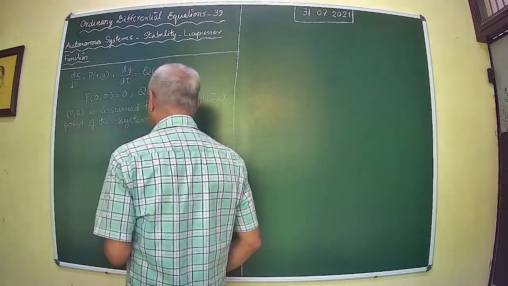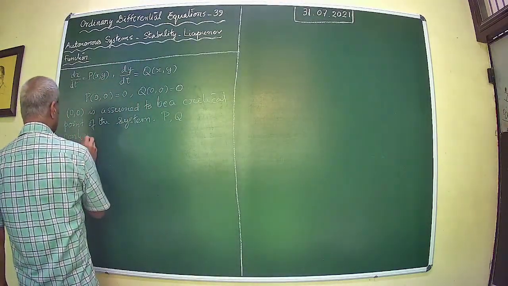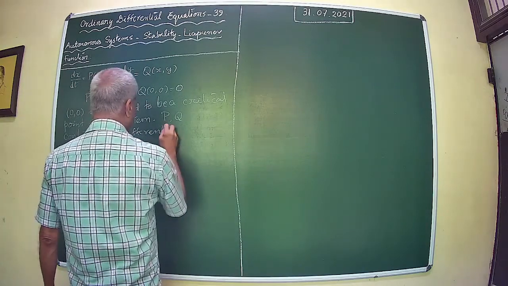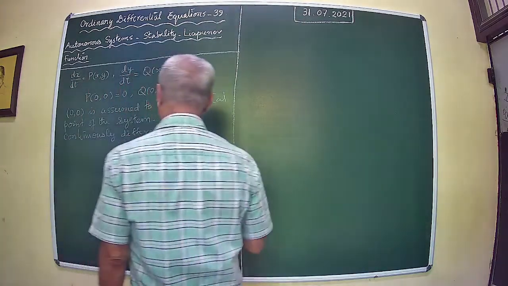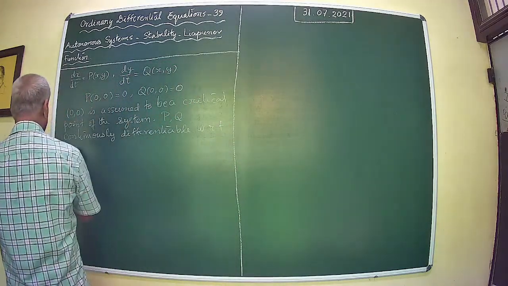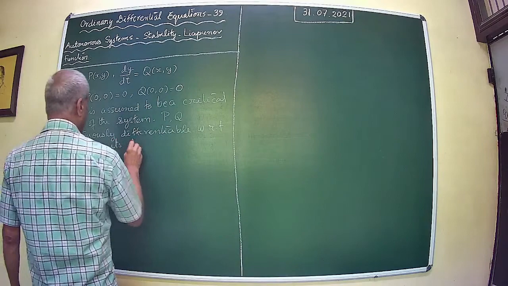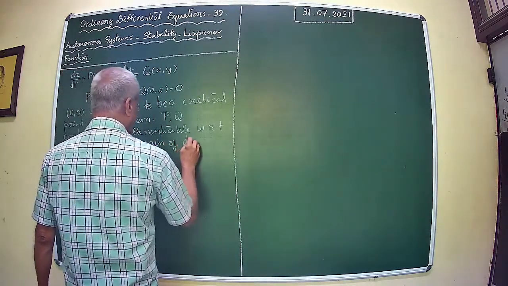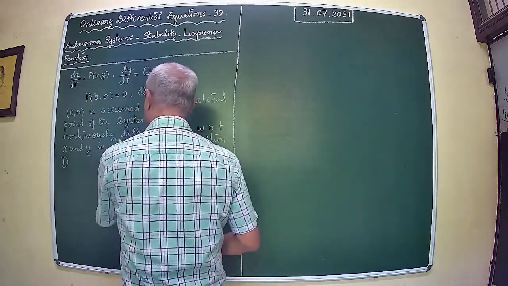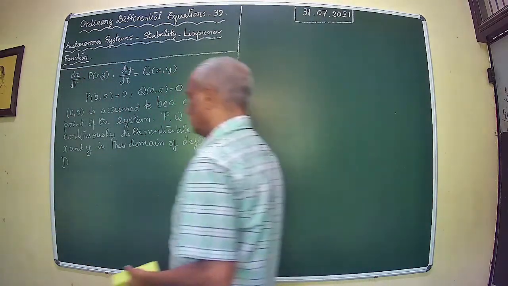So let us assume that we have P, Q continuously differentiable in x and y, in D contained in R squared.